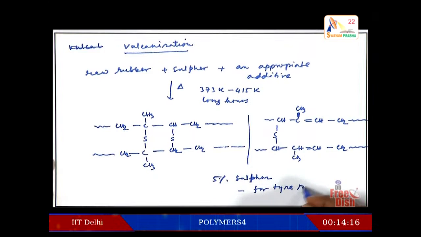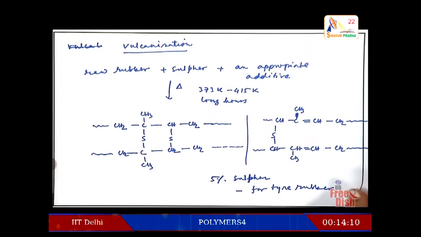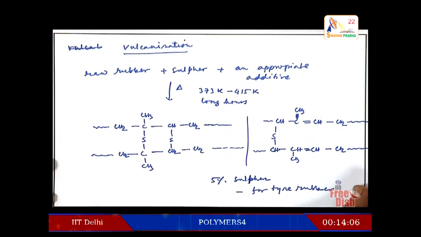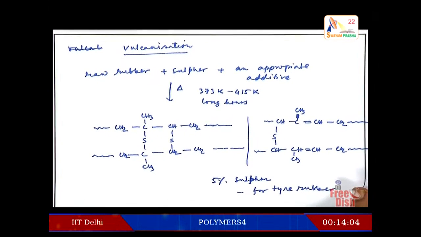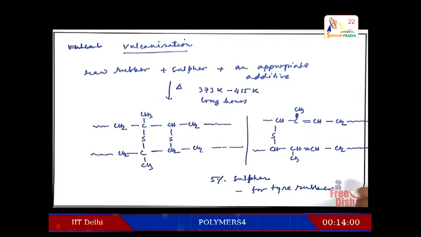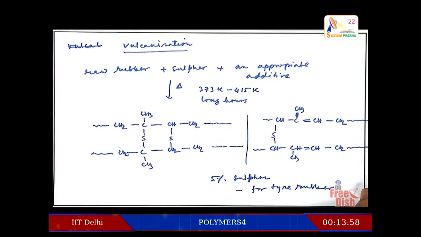So, basically it becomes tire rubber, and it becomes resistant to a lot of chemicals, solvents, and all these things. So, this is what natural rubber is, and how the property of natural rubber is improved by cross linking with sulfur, a process called vulcanization.